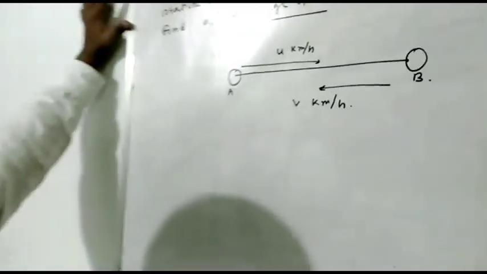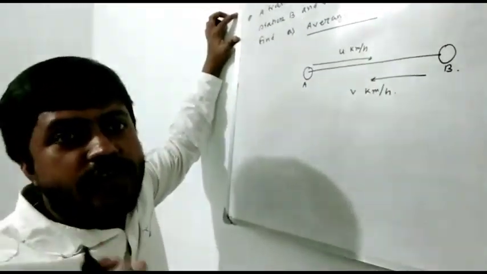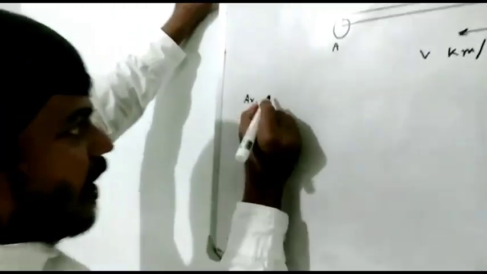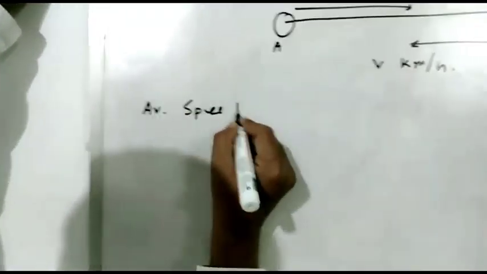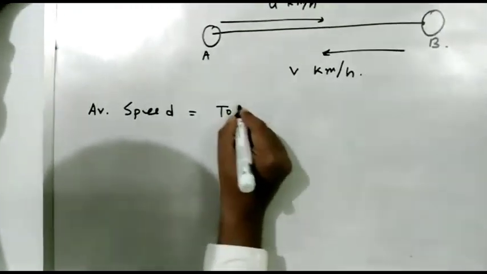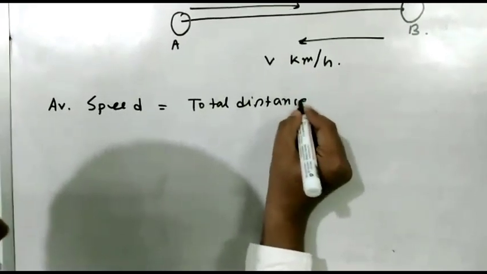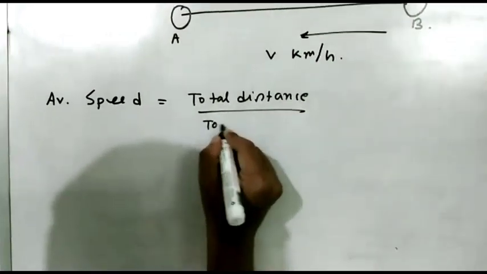So our first target is to find the value of average speed. The average speed formula we have already discussed: average speed equals total distance by total time.